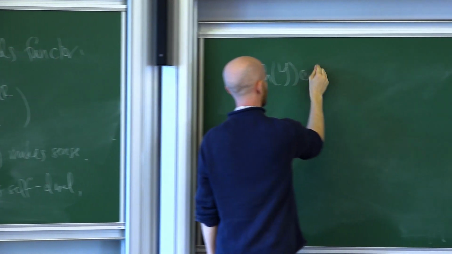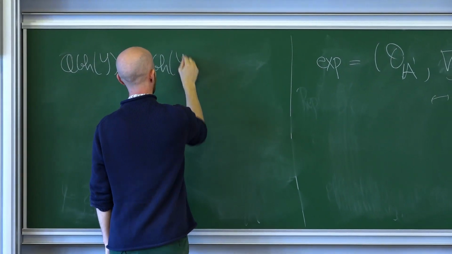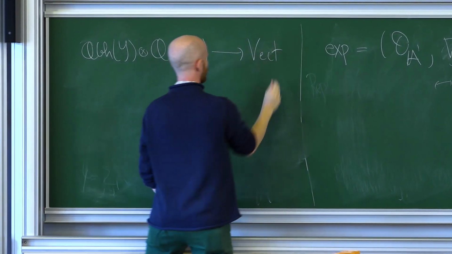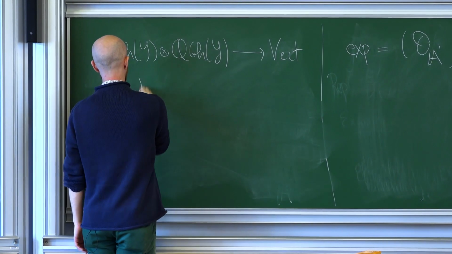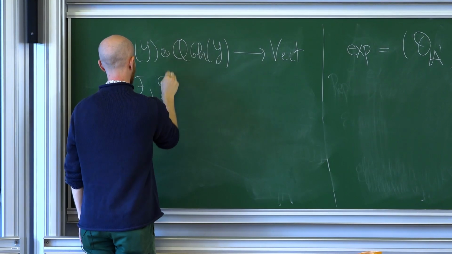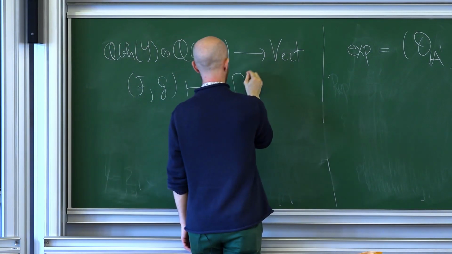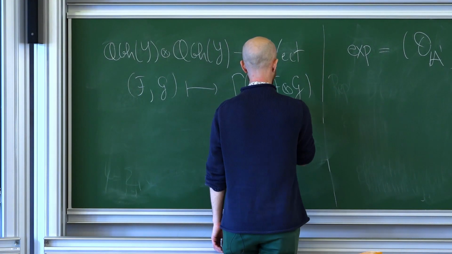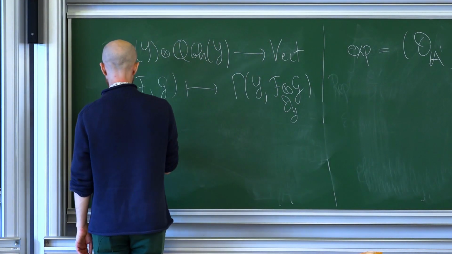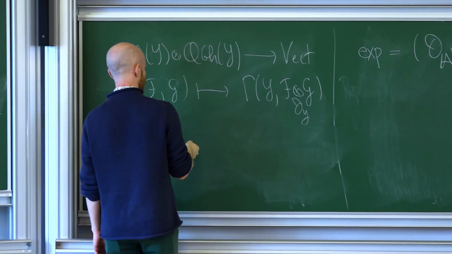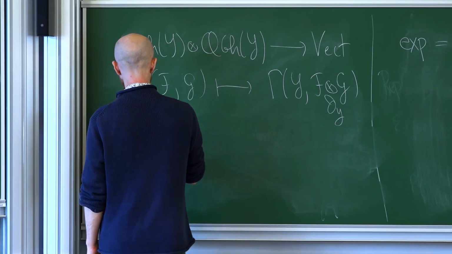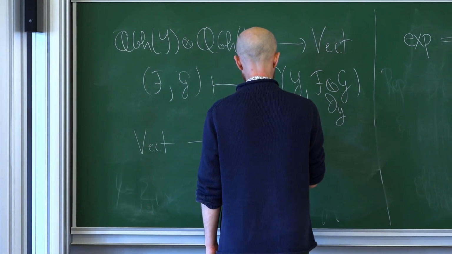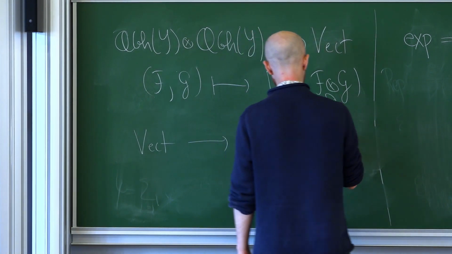If you want to go from... a duality means I should give you an inner product, and so this is going to send a pair of sheaves to global sections of Y, coefficients in F tensor G. And in order to check that the duality is not degenerate, it's usually good to give a co-unit also, a co-evaluation.